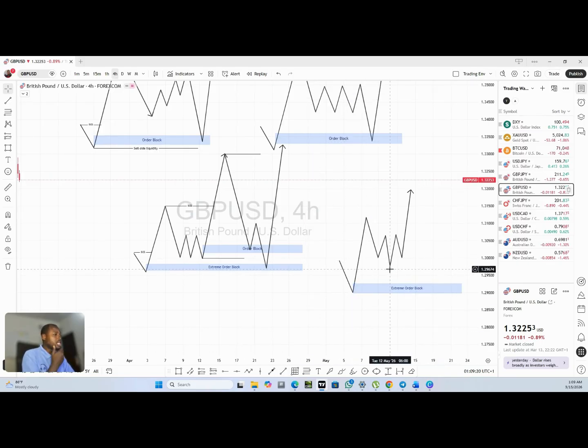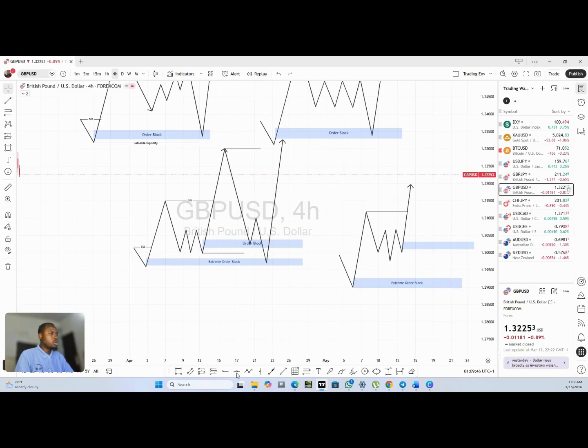So in this scenario, this is different from this. As long as this breaks structure, you are not going to wait for the market here. You are going to use this.